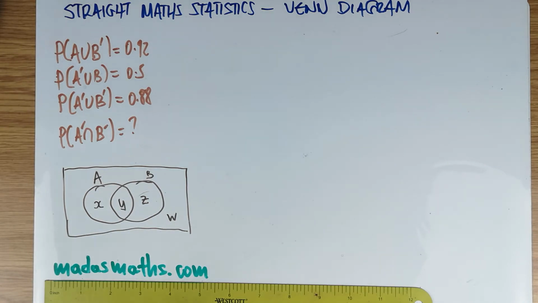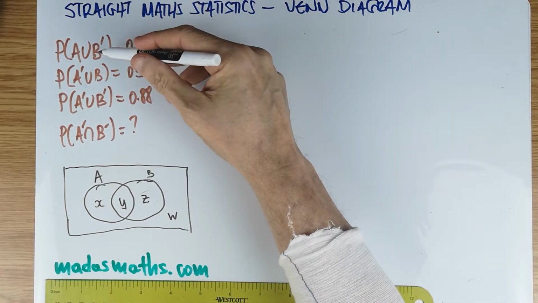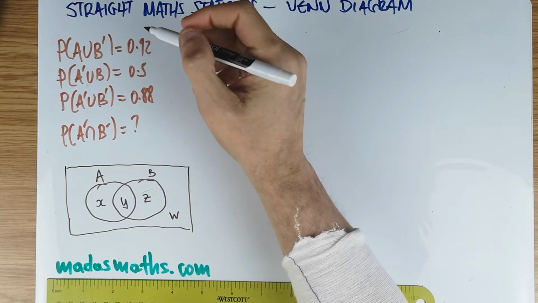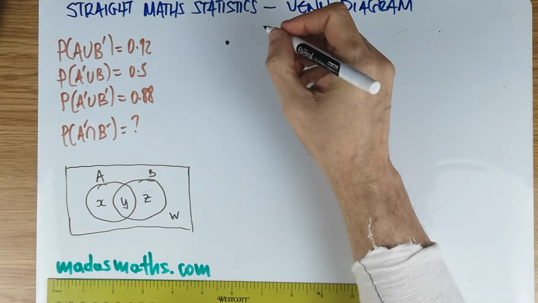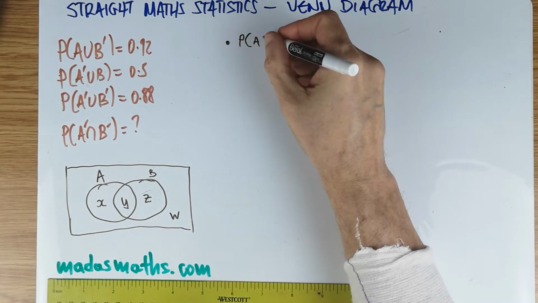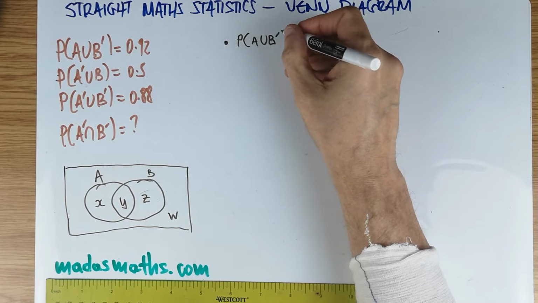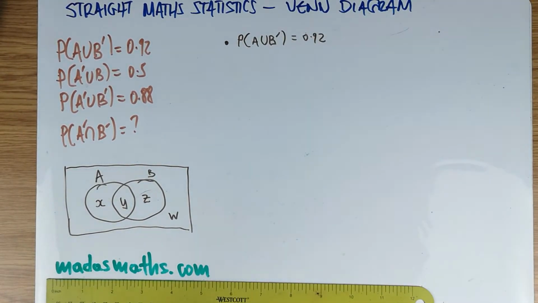The first method consists of actually identifying what is A or not B. So first of all, equation number 1. The probability of A or not B is equal to 0.92. I'm going to make an attempt to show you how you need to be thinking.